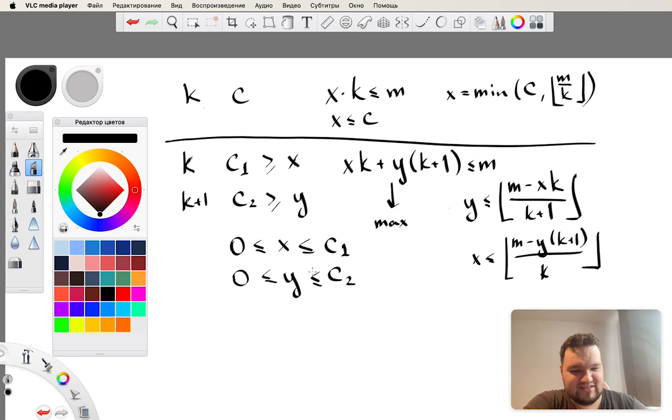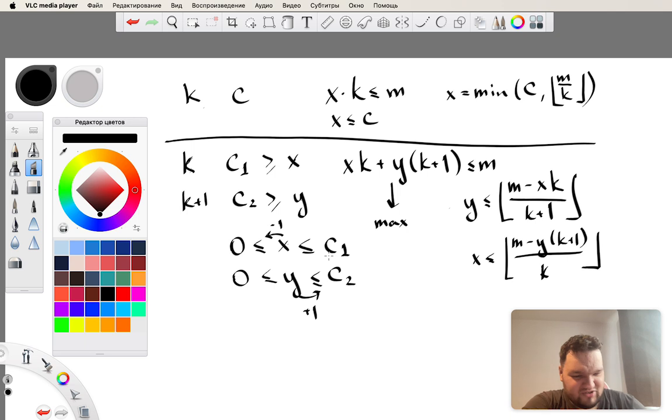Well, what I'm saying is that we can try to shift them, because we know that the number of petals is different by exactly 1. We can try to do the following. We can decrease x by 1 but increase y by 1.